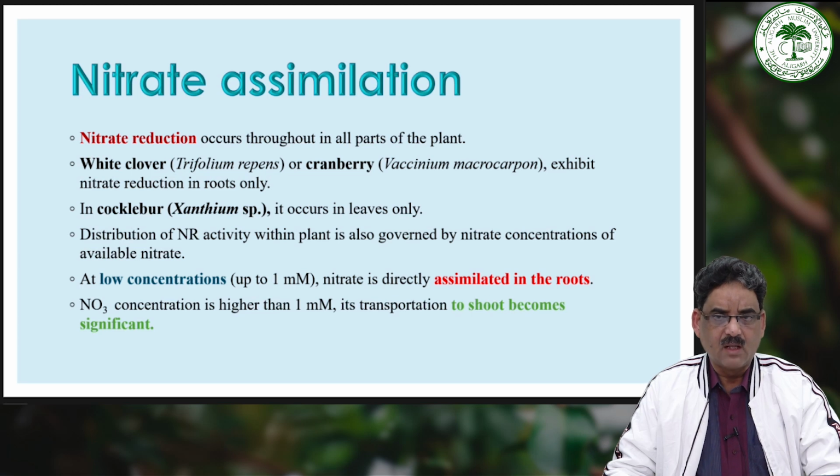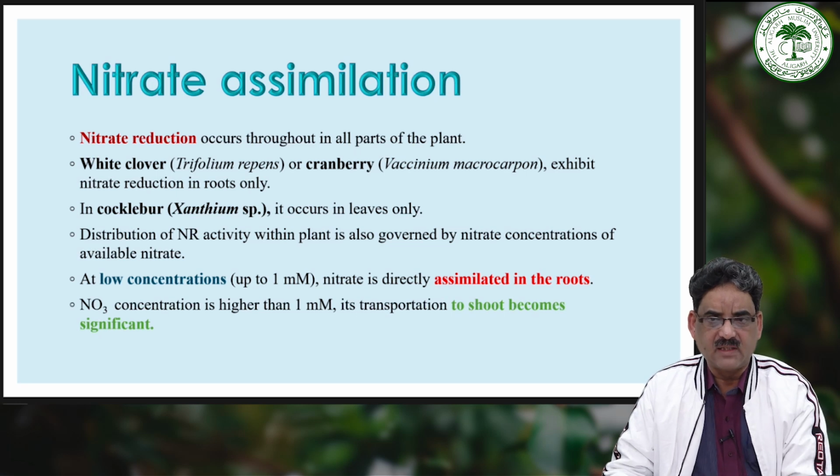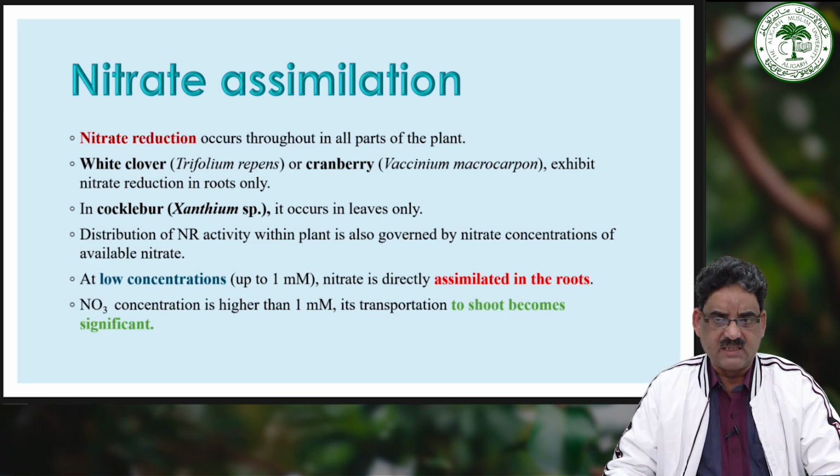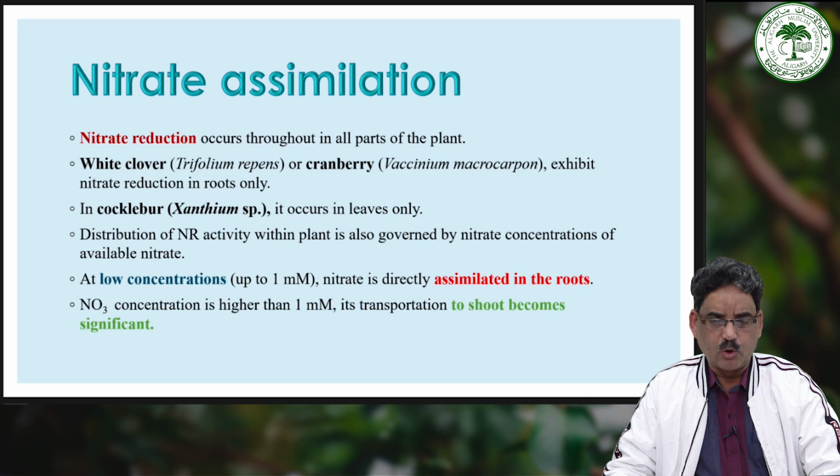concentrations. In temperate legumes, at low nitrate concentrations up to 1 millimolar, nitrate is directly assimilated in the roots. However, when the nitrate concentration exceeds 1 millimolar, its transportation to the shoot becomes notable, facilitated by nitrate transport via xylem sap.